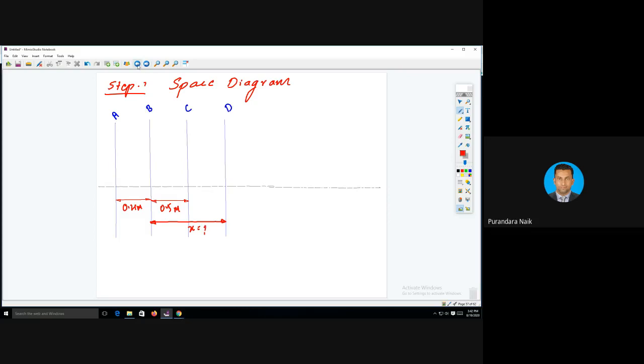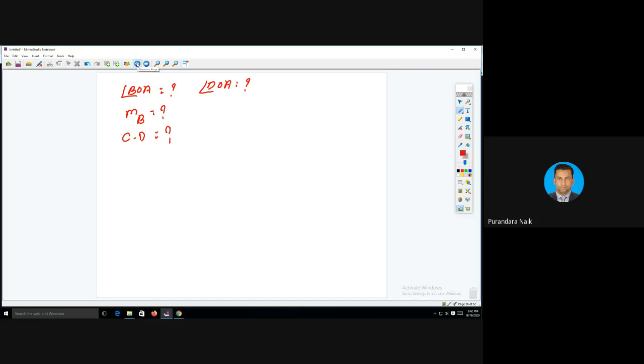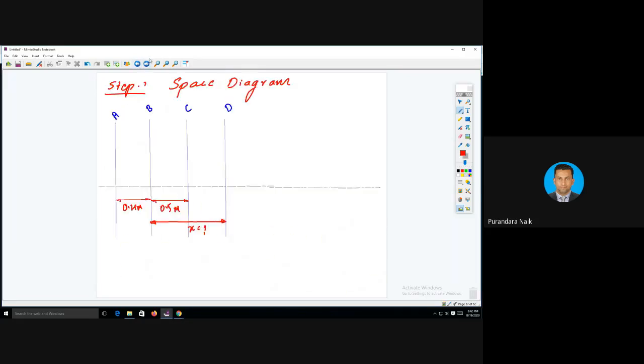If you see the previous slide, we have a question, distance between C to D. If you find out the value of x, otherwise you just keep it as it is. We need to find out this distance, right? Yeah, we'll put a question mark here.